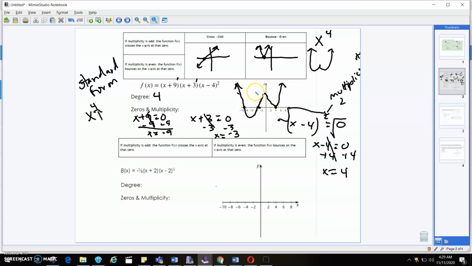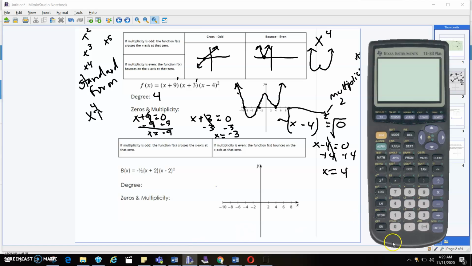So you have to have those parent functions memorized. Parent functions meaning, like, x to the 2nd, what does x to the 3rd look like? What's x to the 4th look like? What's x to the 5th look like? I know that an x to the 4th is going to look like a W shape. So that's why I can draw this out. Now, if you're like, I don't want to memorize all of this stuff, yeah, you can put it in your calculator.